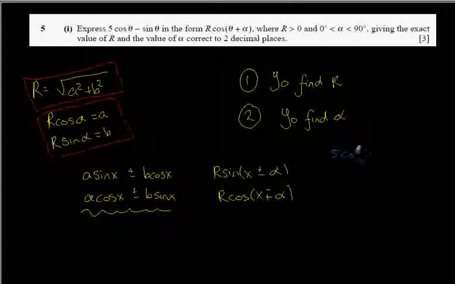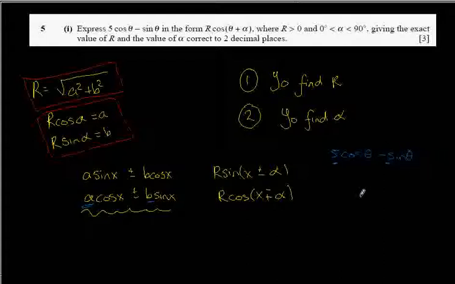So 5 cos theta minus sine theta. We've got to write that in the form r cos(theta plus alpha). The first step is to find r. In this equation, our a is 5 and our b is 1, so 5 cos theta minus 1 sine theta.